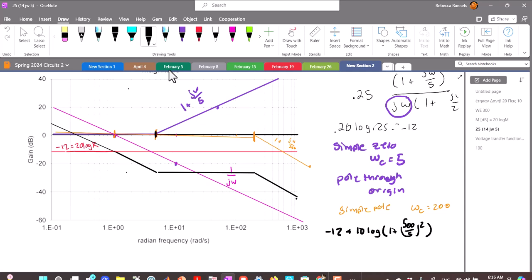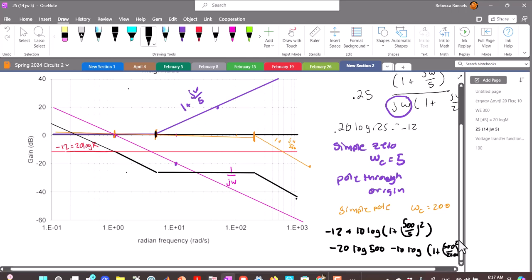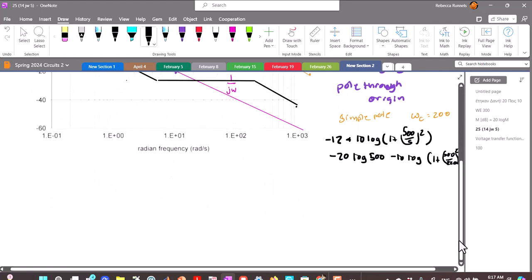Then we have our pole through the origin, that'll be minus 20 log 500. And then we have our simple pole, and that'll be minus 10 log of 1 plus 500 over 200 squared. Okay, so let me just do that a little bit neater underneath this.